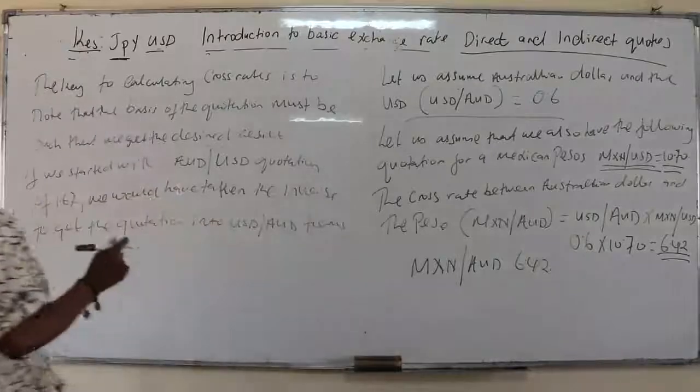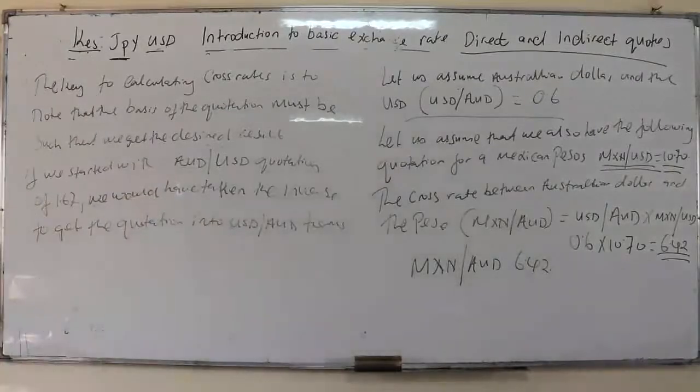So the key to calculating cross rates is to note that the basis of the quotation must be such that we get the desired result here.